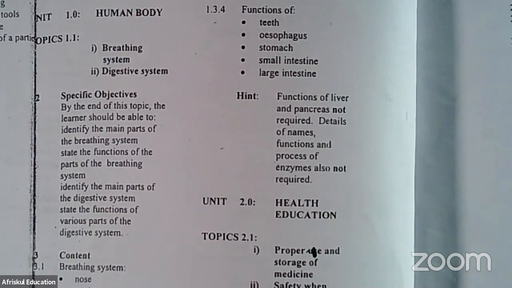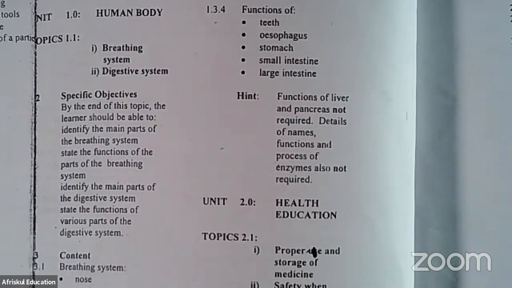Now, let me mention something here: in the KCPE, you can never be asked to draw the digestive or the breathing system. But with you, it is important that you know how to draw it because you have to label on the diagram. It is important that you are able to draw and label, because the question in the KCPE is, what is the function of the part labeled Q?